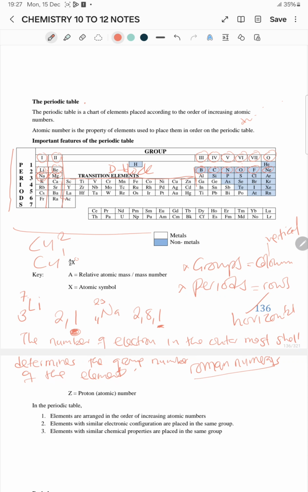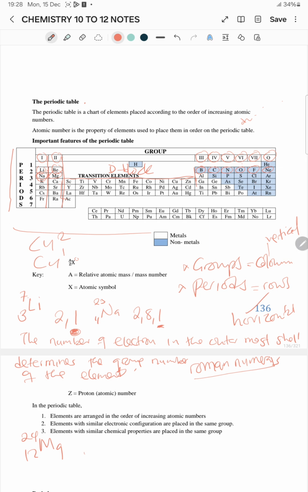Okay, so now let's prove. Let's go to group 2. I'll go for magnesium. Magnesium is Mg, the mass number is 24, the atomic number is 12. If you have issues on how to write the electron configuration, just go to the YouTube channel and watch the electronic configuration lesson 1 and lesson 2. Then you understand what you are doing here.